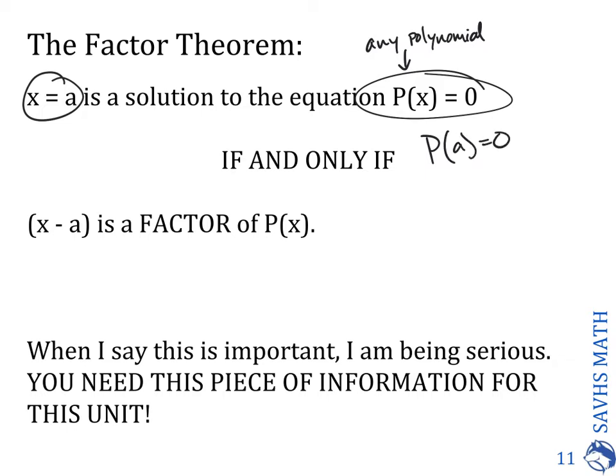So if you put in the number, whatever A is, for X, everywhere that you see it in the polynomial, and you get 0 out, then that's a solution to the equation. What we can say is X minus A is a factor of P of X. And so P of X is some polynomial, and you can rewrite it as X minus A times some other polynomial.